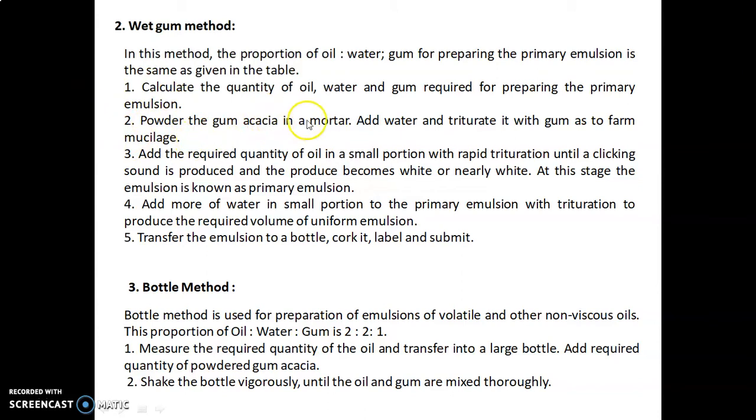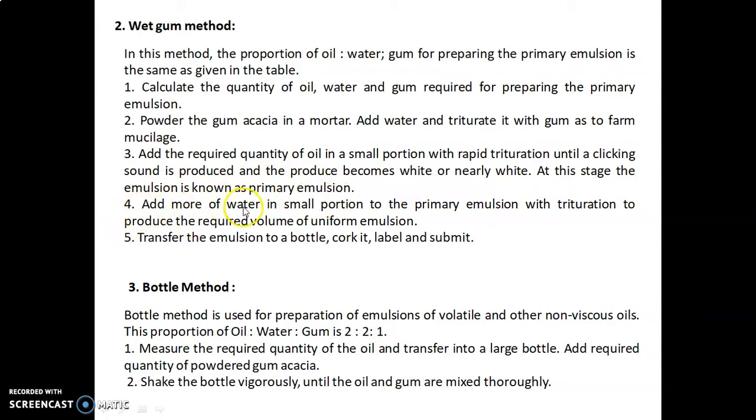Then powder the gum acacia in a mortar, add water and triturate it with the gum to form mucilage. Then third, add the required quantity of oil in small portions with rapid trituration until a clicking sound is produced, and it becomes white or nearly white. At this stage, the emulsion is known as primary emulsion.